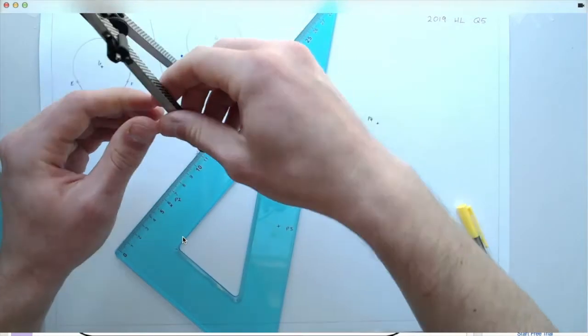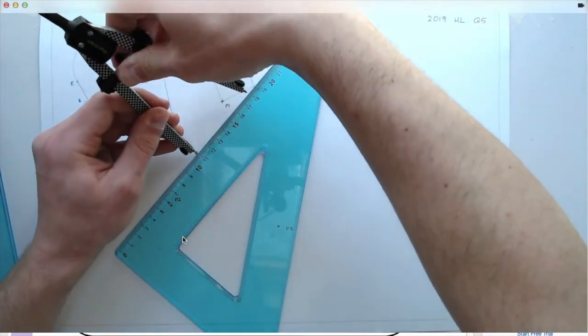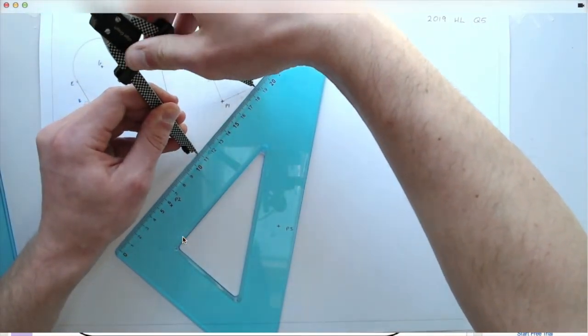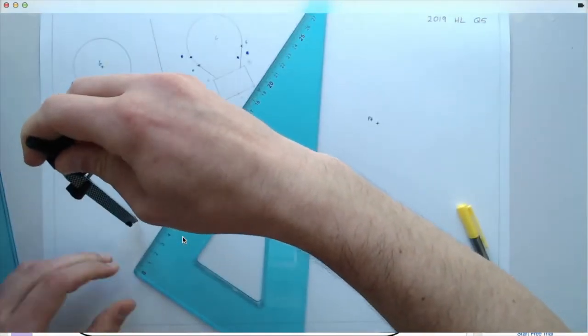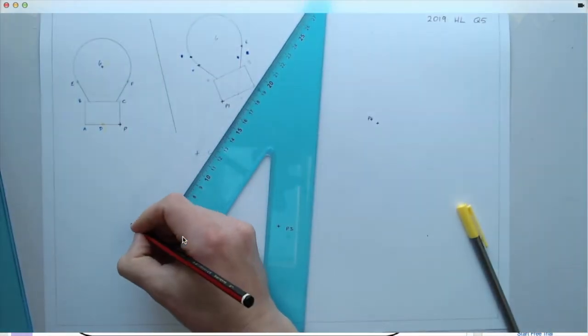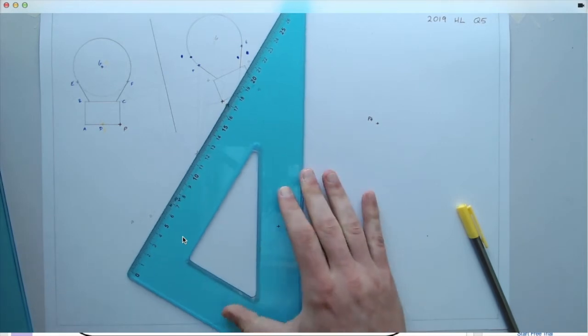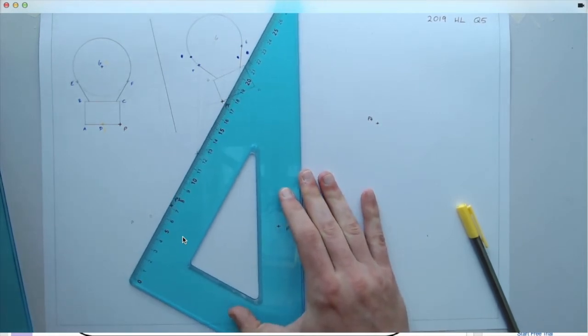So A goes through the point here, so you'll see there again that lines up. So I can then take my distance and put it down here. And this then for each one as we go through. So B then.